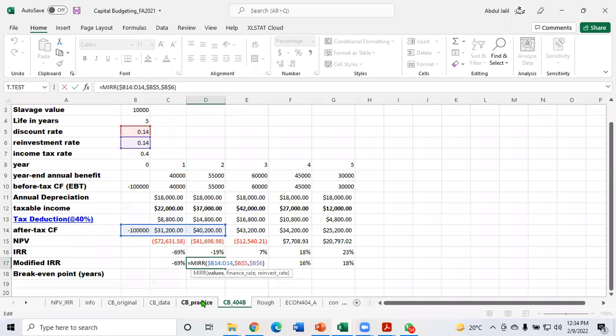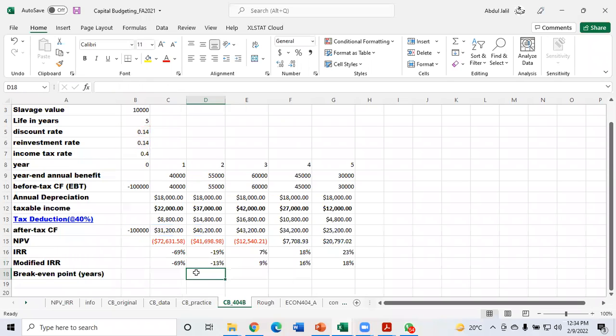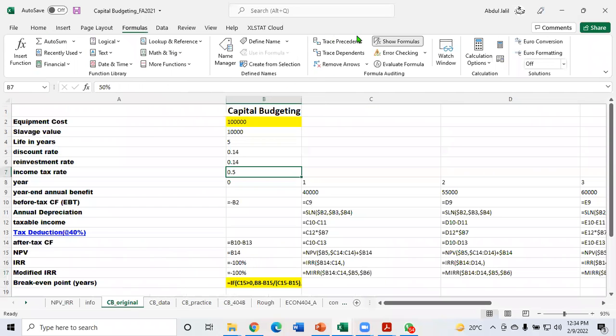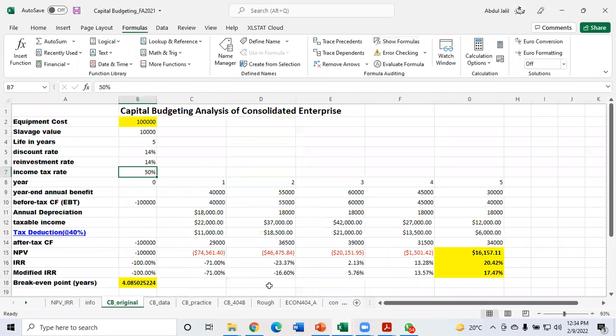Okay, why are we getting this difference? Because in this case, whenever an investment is going to happen, every time you are considering the previous investment as well. So let me check whether the original data is giving the same result or a different result. Modified internal rate of return.